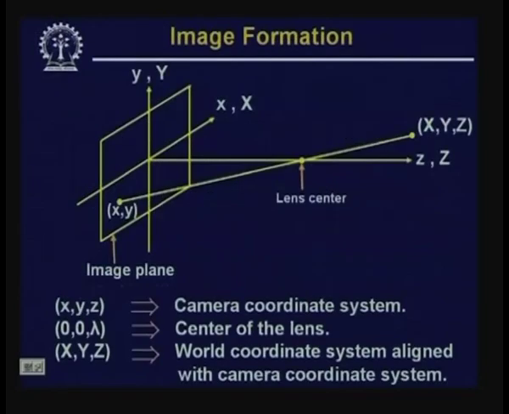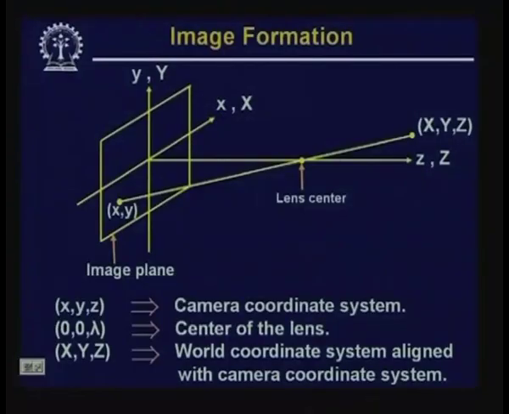Now, let us briefly recapitulate what we did in the last class. This figure shows the imaging geometry that we considered, where the 3D world coordinate system is aligned with the camera coordinate system.